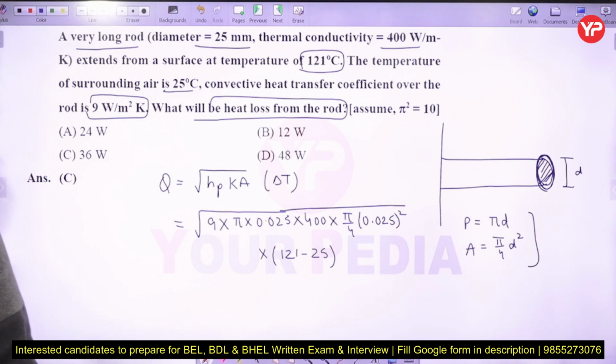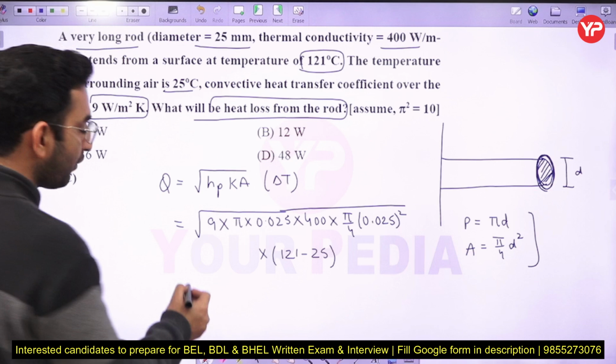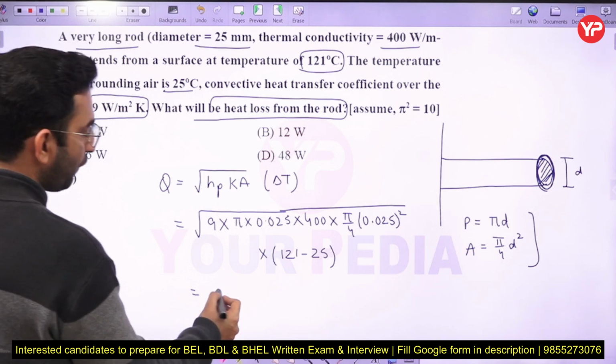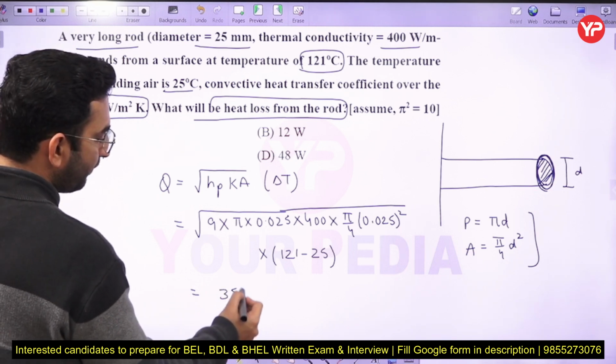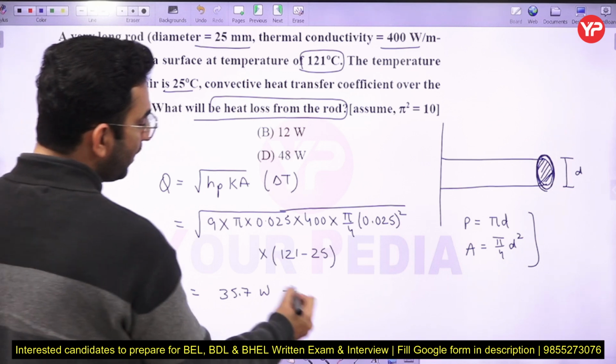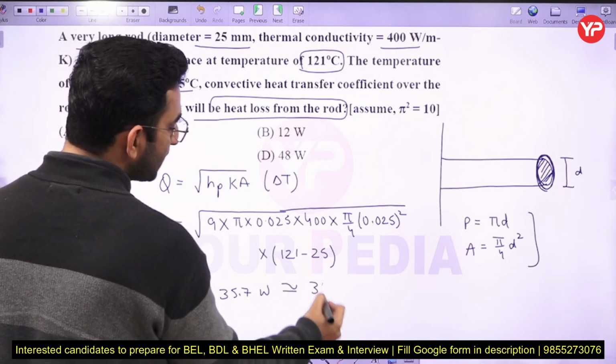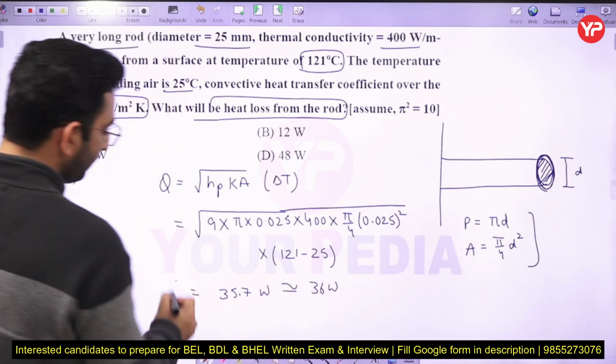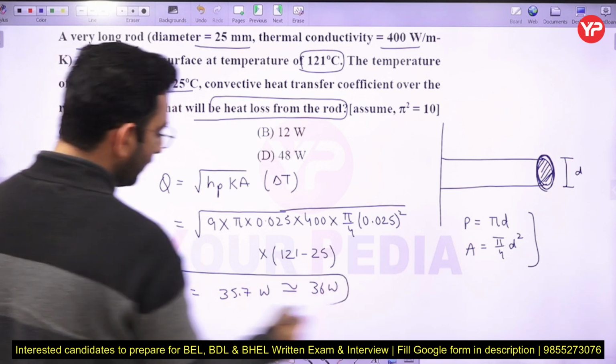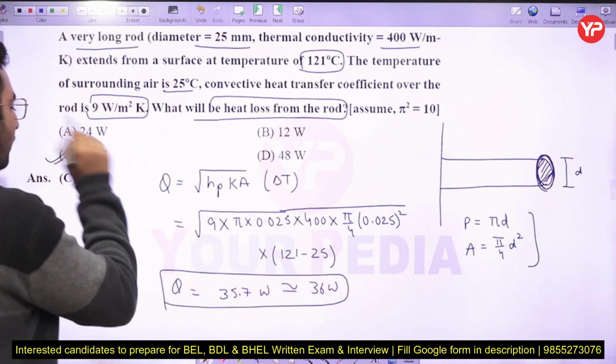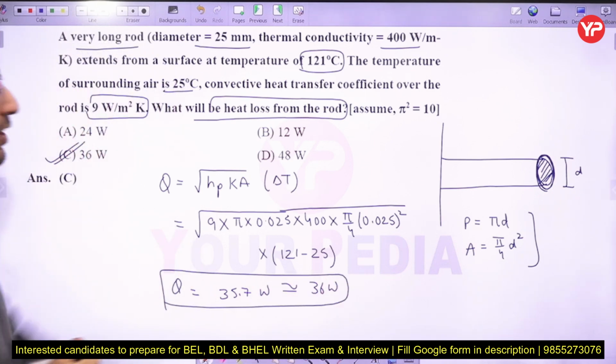So that is a very simple, direct formula based question. If you solve this you will get your answer as 35.7 watt, which is equivalent to around 36 watt. So this will be our final answer, and option C is going to be the correct answer of this question.